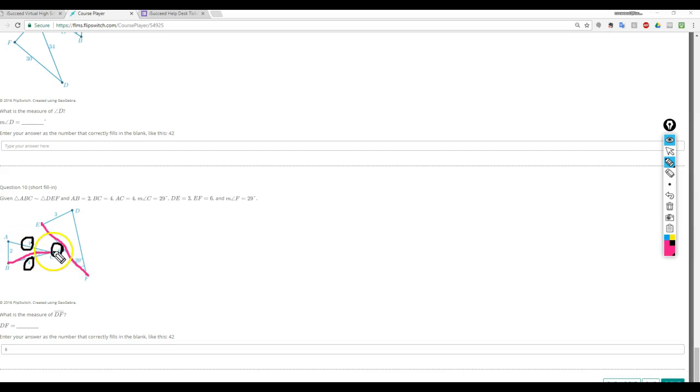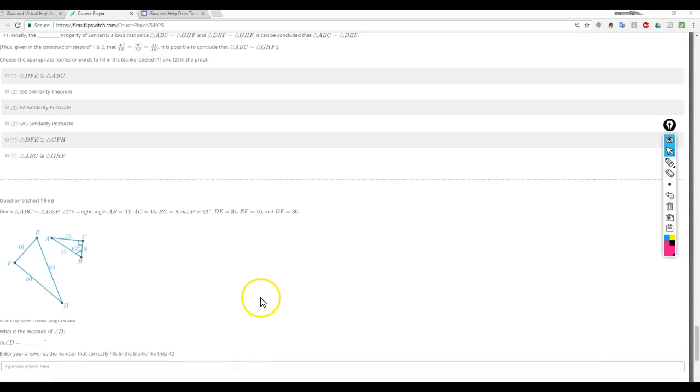So the other 4's corresponding side, AC's corresponding side, was our DF right here. So that has to be the same number. Since these two numbers are the same, these two numbers would have to be the same because they're similar triangles. This one is an isosceles triangle, so the corresponding sides in this one would also create an isosceles triangle. So that's just the power of observation helping you answer that.